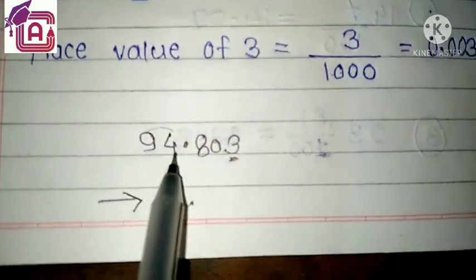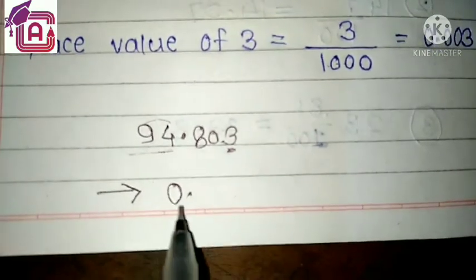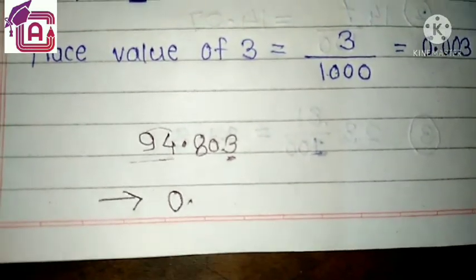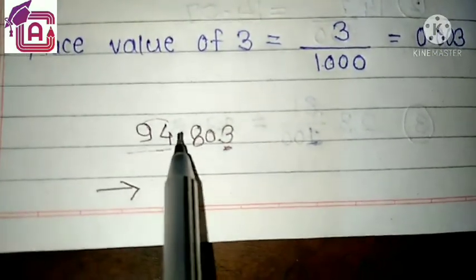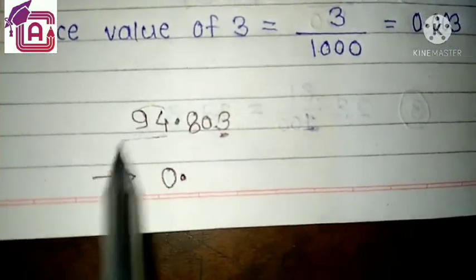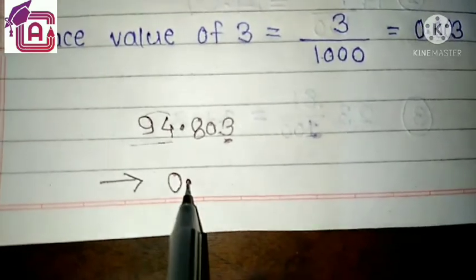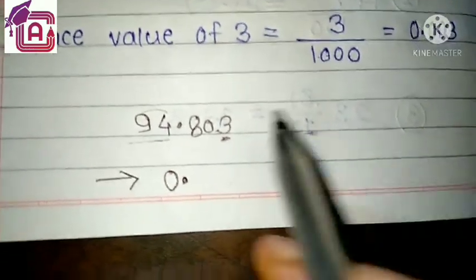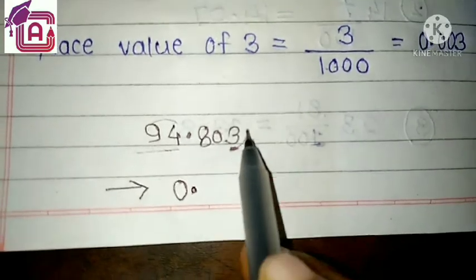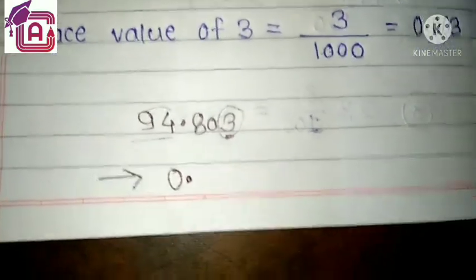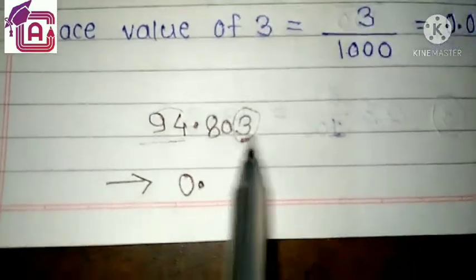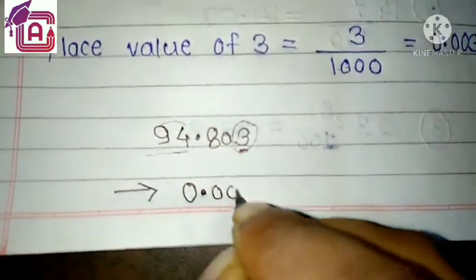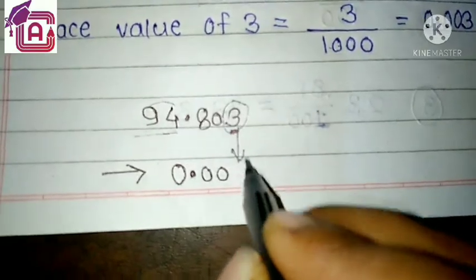How many digits it may be? No need to worry. For that, put 0 here. Then keep one point. पॉईंटच्या लेफ्ट साईडला जेवढे सगळे नंबर आहेत त्या सगळ्यांसाठी 0 पुट करायचं आहे. देन पॉईंट ठेवायचं आहे. Then we require this number 3, and before the 3, after the point, how many digits are there? 1 2. So I am writing here 2 zeros and keep this number as it is.